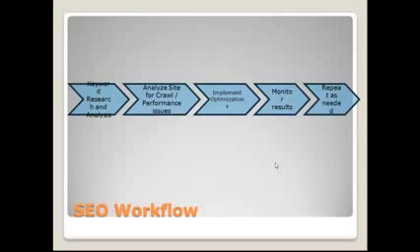So after keyword research and analysis comes analyzing your site for specific on-page crawl performance issues, making sure that the URL is semantically clear, making sure that you have page titles that include your keyword but are also attractive enough for users.